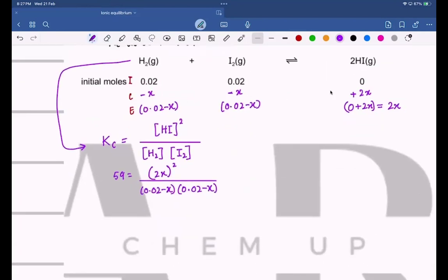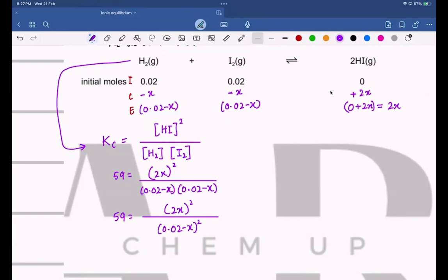If I solve it further, I can write the denominator as (0.02 minus x) whole squared, and above I will keep it as (2x) squared. Is this clear to all of you?